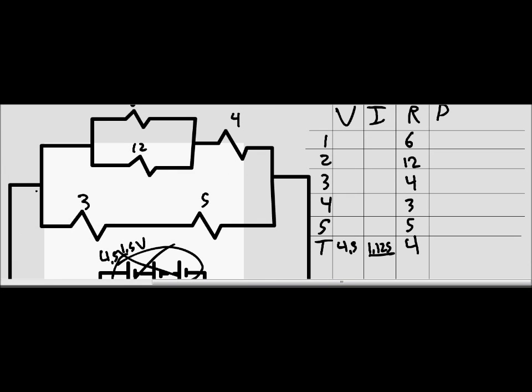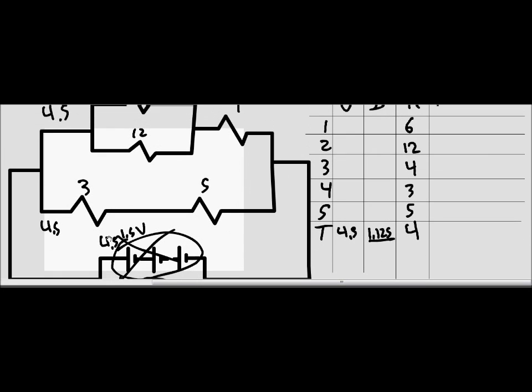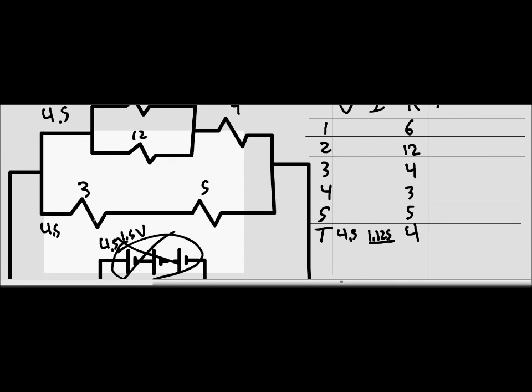So if we go on, and we've got 4.5 volts, the voltage splits, so we've got 4.5 up here and 4.5 down here. What we're going to have to do is find the current along here. So 4.5 divided by 8, and that gives us 0.5625 and 0.5625, because the currents are the same across this one and this one.